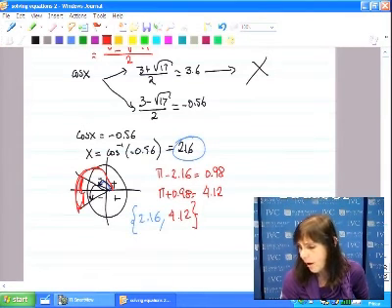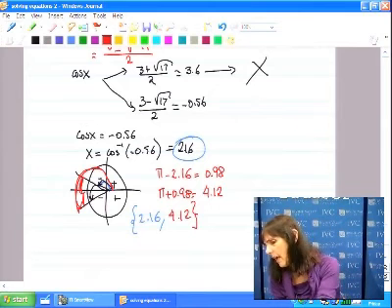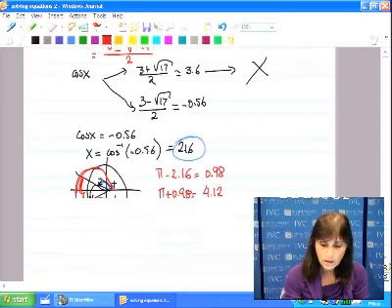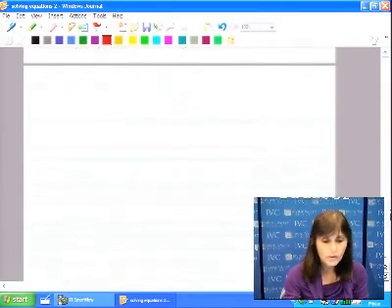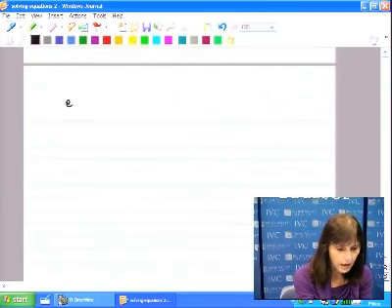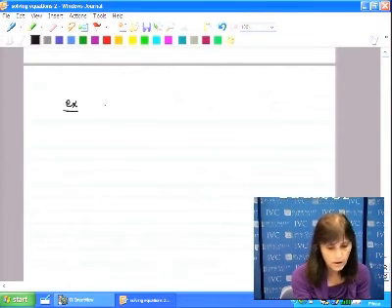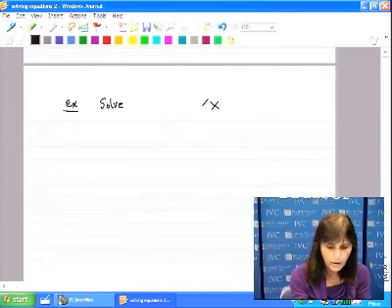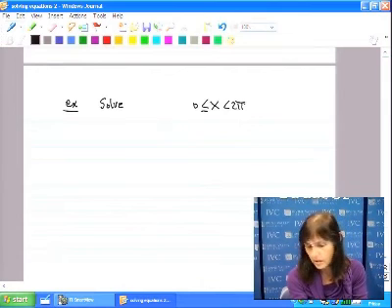Okay, now let's do one that has different trigonometric functions in it. For that one, you need to use some identities. Let's say I'm asked to do this. Solve, and I want it in 0 to 2 pi, one revolution.